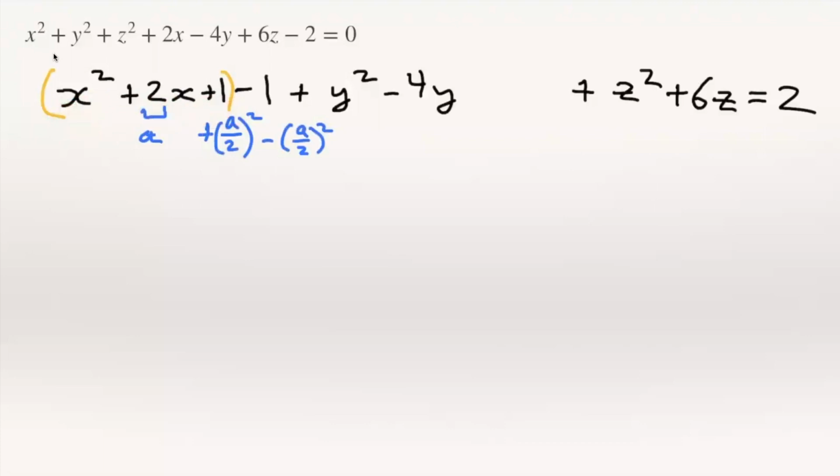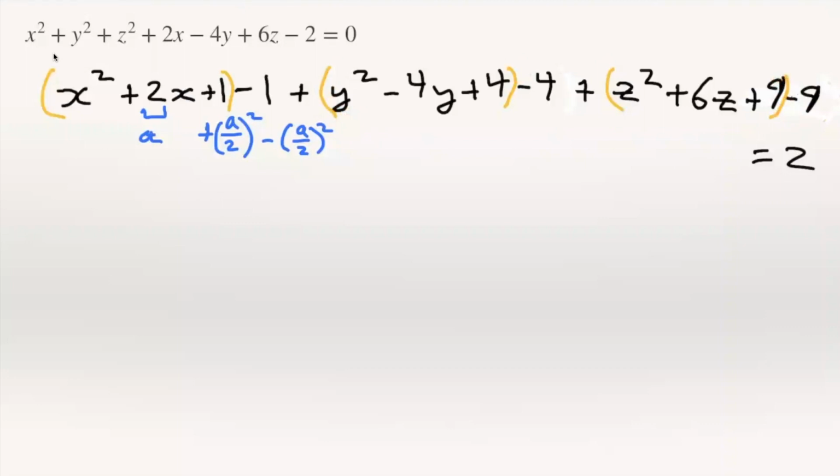Okay, similarly for this guy, we're going to add a over 2 squared. A over 2 is negative 2. Negative 2 squared is 4. And subtract 4. And so a over 2 squared is 3 squared is 9. So we'll add and subtract 9. And to be more clear about what we end up factoring, we're factoring each of these guys in the yellow parentheses.